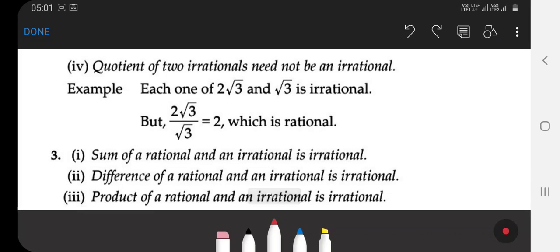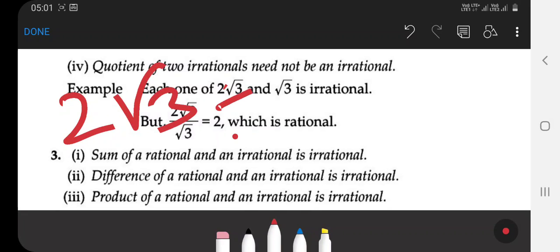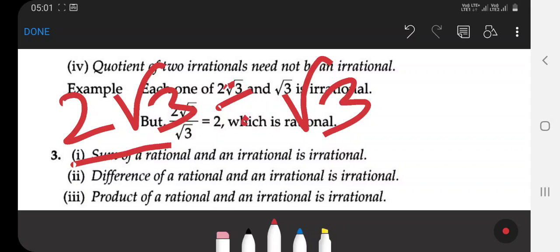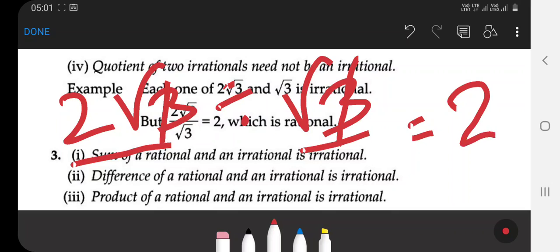The quotient of two irrationals need not be irrational. In the first case, 2 root 3 divided by root 3, irrational divided by irrational: root 3 cancels. The result is 2, a rational number.